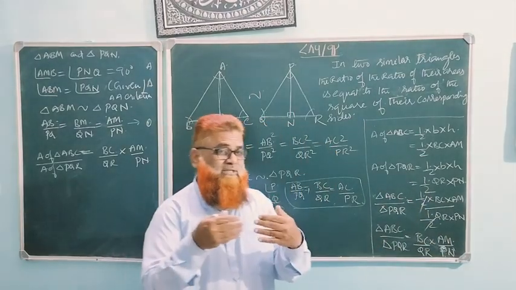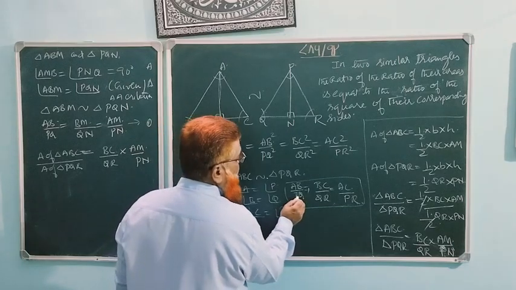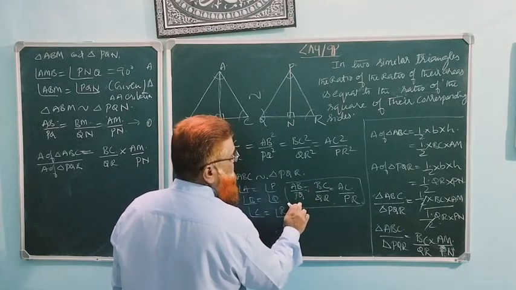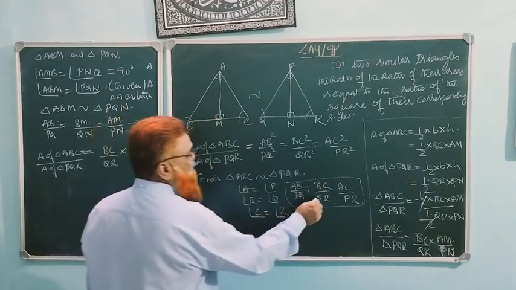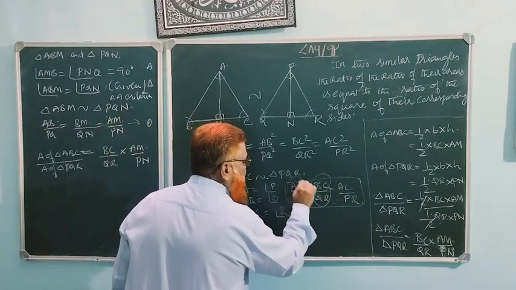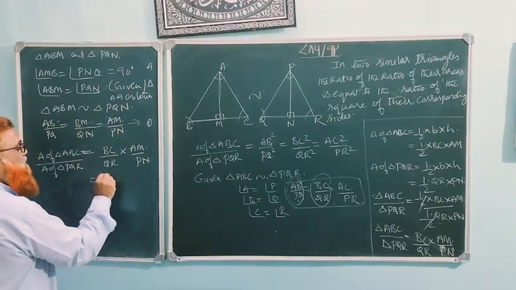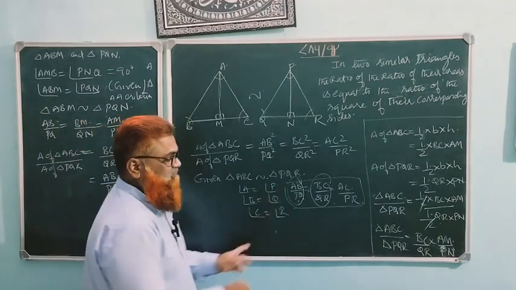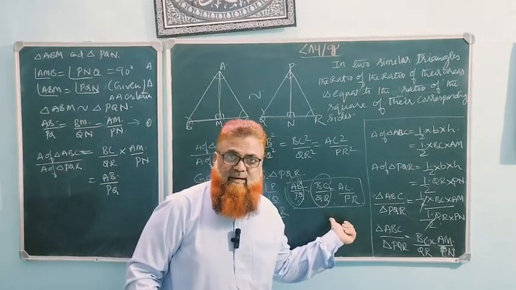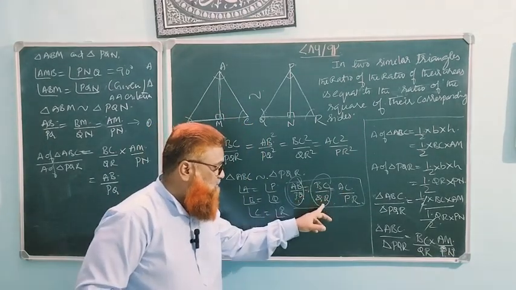Now you have to make the substitution of what is given. Here, what do you find? AB by PQ is equal to BC by QR is equal to AC by PR. So in place of BC by QR, I will substitute AB by PQ. From this reference, I take AB by PQ as BC by QR.